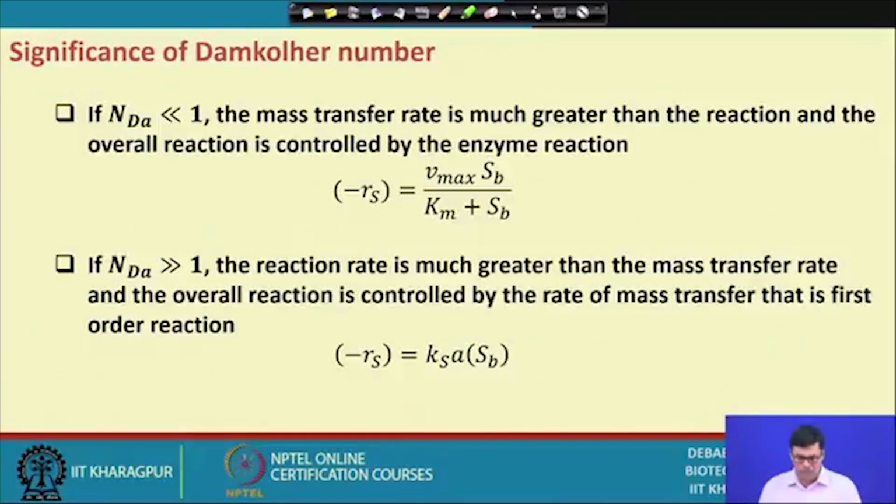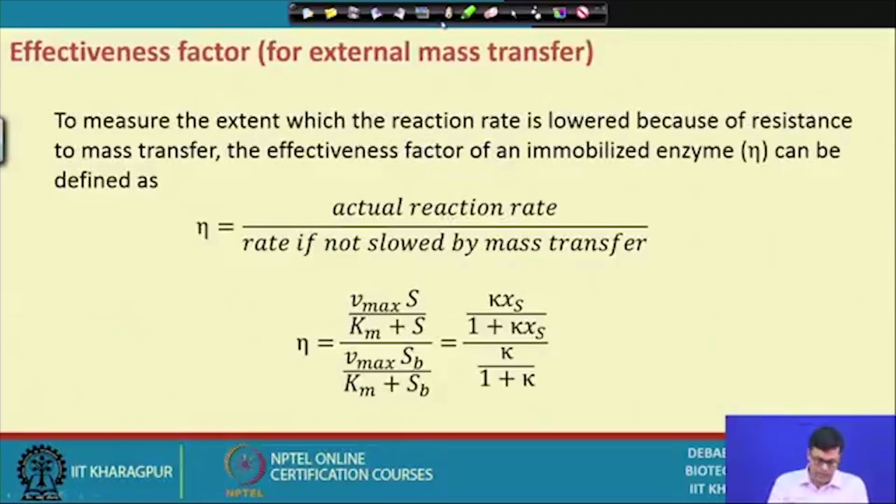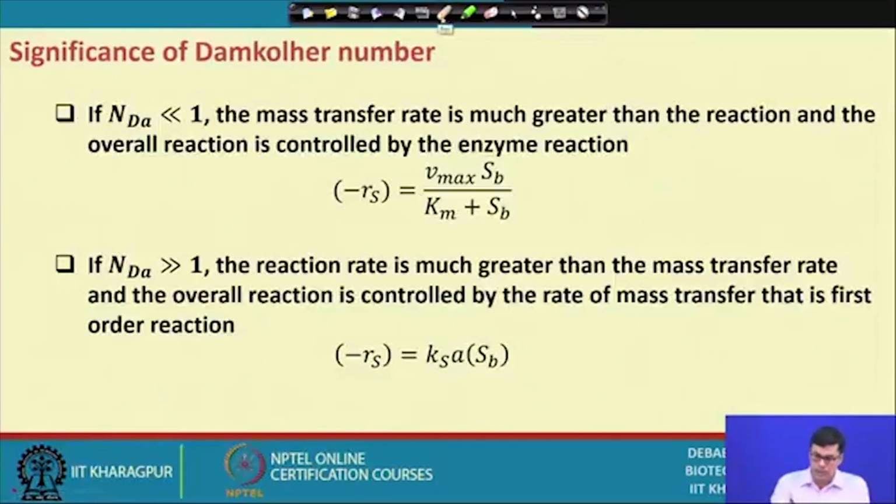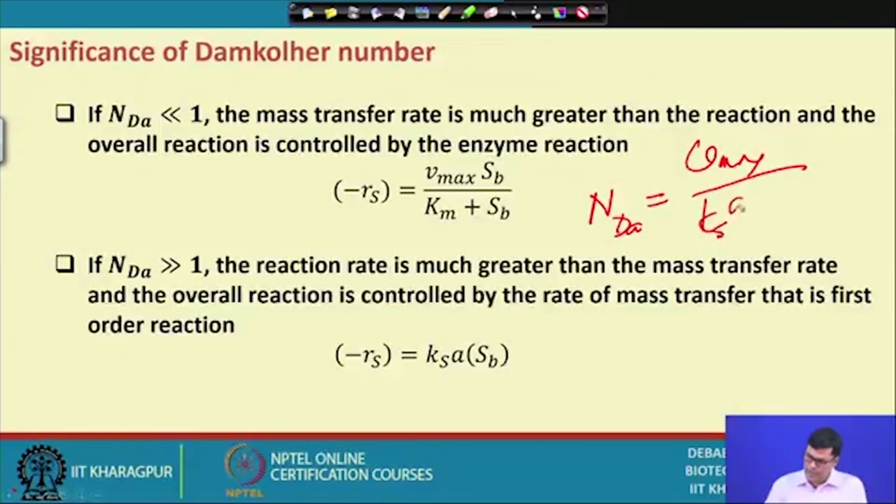Let me tell you what the NDA is. I told you NDA equals Vmax divided by Ks A into Sb. That means the maximum velocity of reaction divided by the maximum rate of mass transfer.